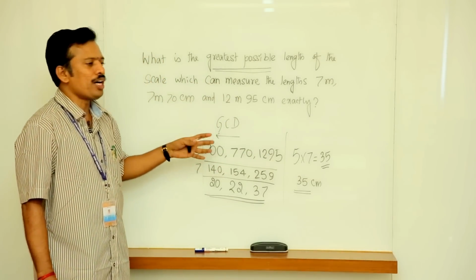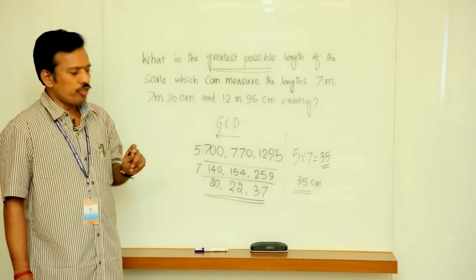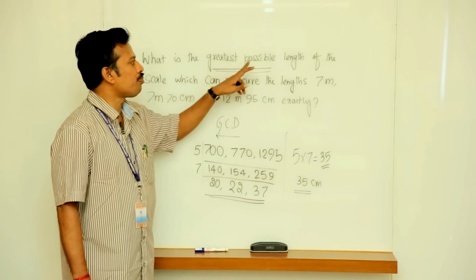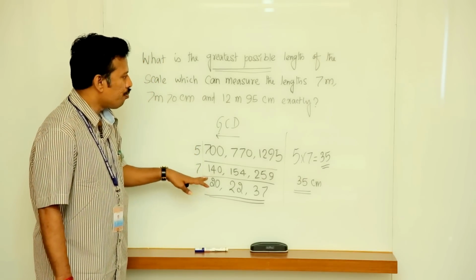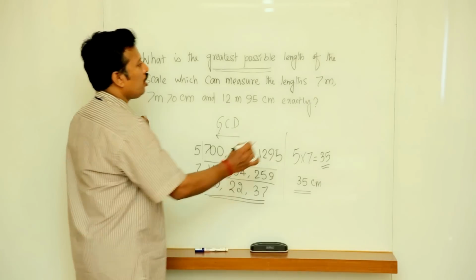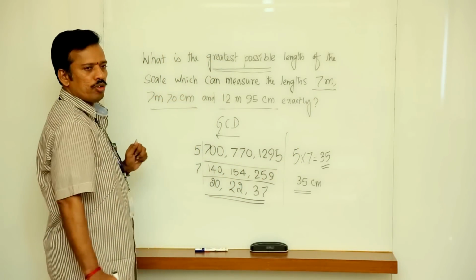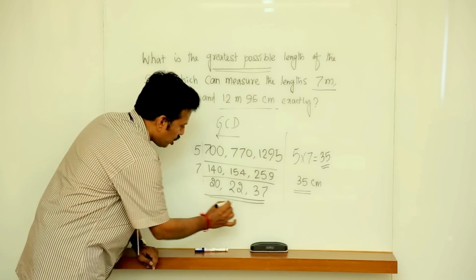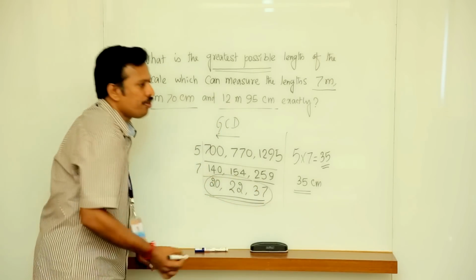Now what is the next possibility in questions related to placement? Either they may ask you to find the greatest possible length, or sometimes they may ask you how many times you are going to use the scale to measure all these three measurements an exact number of times. That is nothing but your final step after removing the common factors.